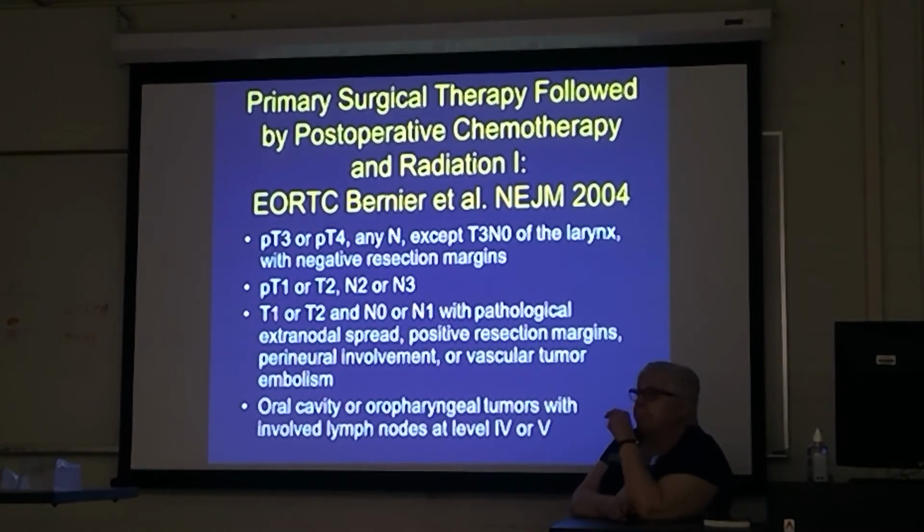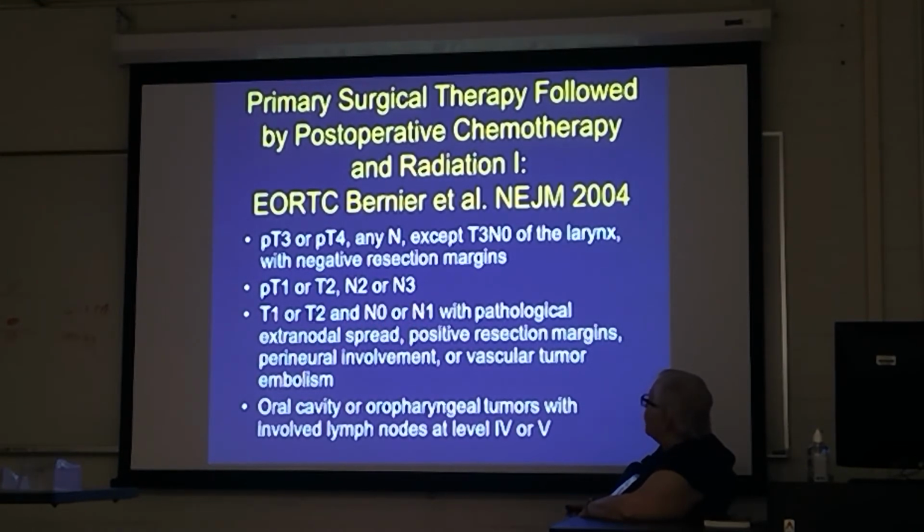The margins that were checked around the perimeter of the cancer came back negative for cancer cells. Okay. So T1 or T2 and N0 or N1 with pathological extranodal spread, positive resection margins, perineural involvement or vascular tumor embolism.